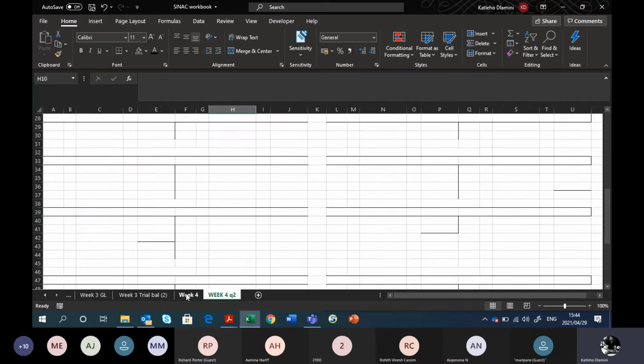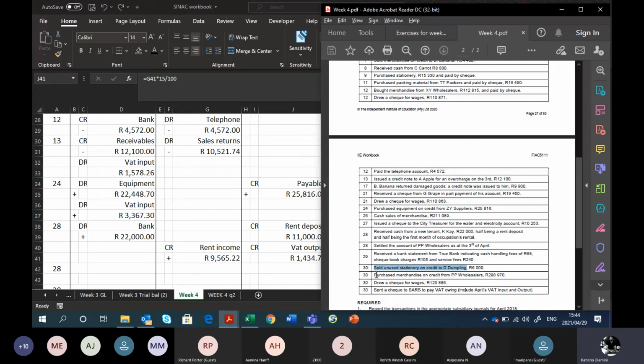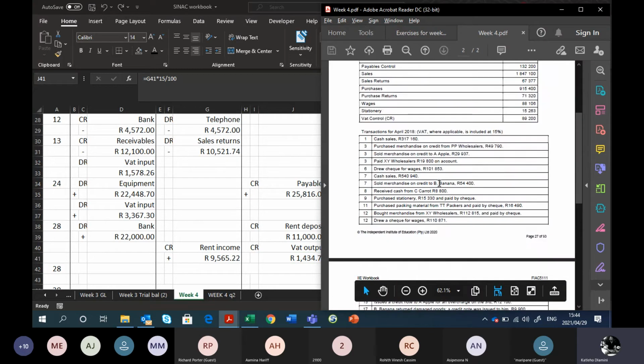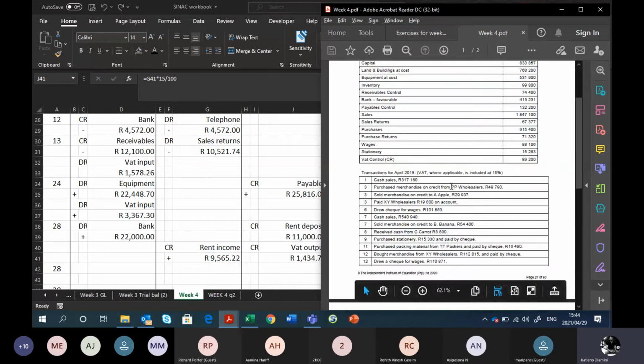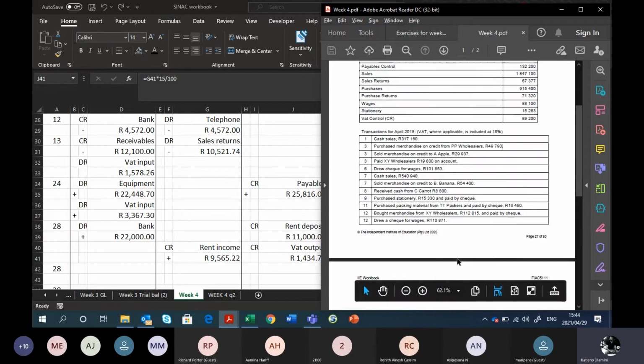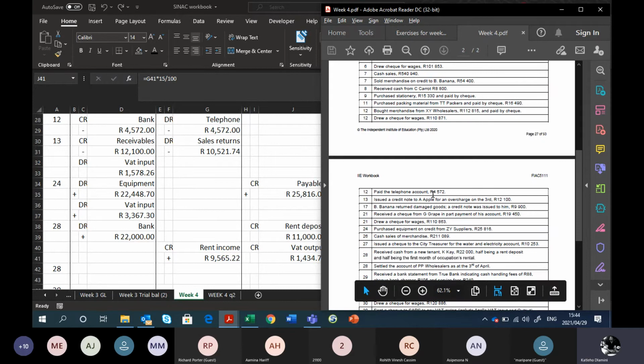Then settled account of PP wholesalers. Purchase merchandise on credit for 49,000. I'll make sure there's no other PP wholesalers.